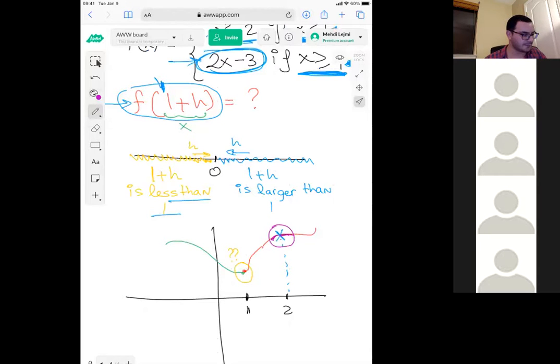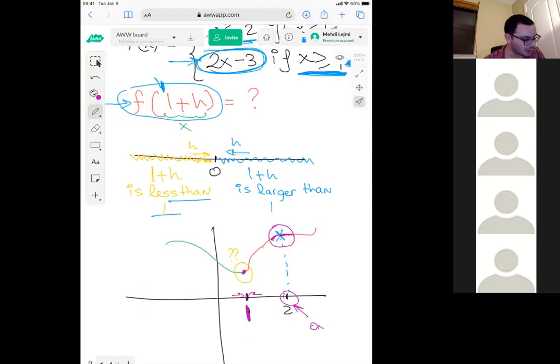So at 2, you don't have such a problem. But at 1, you have 2 different equations, the one from the left, which is the green one, and the one from the right, which is the red one. That's why, if your a is 1, you have to check the limit from the left and the limit from the right. But at 2, there is only one limit.